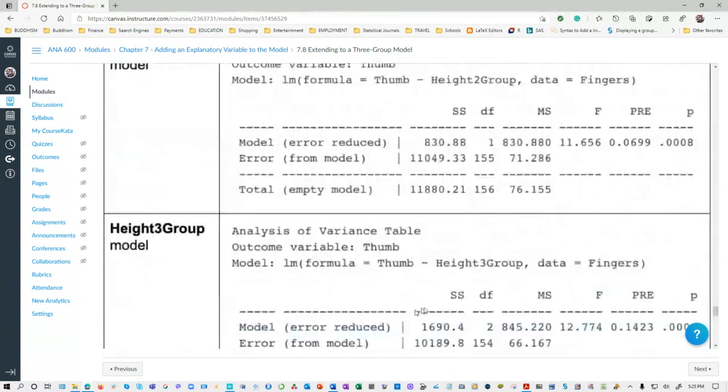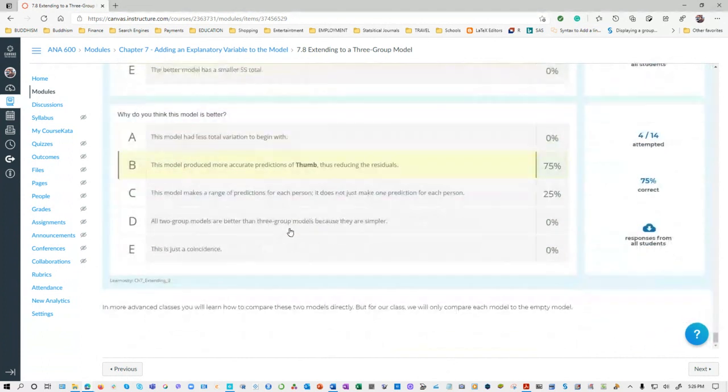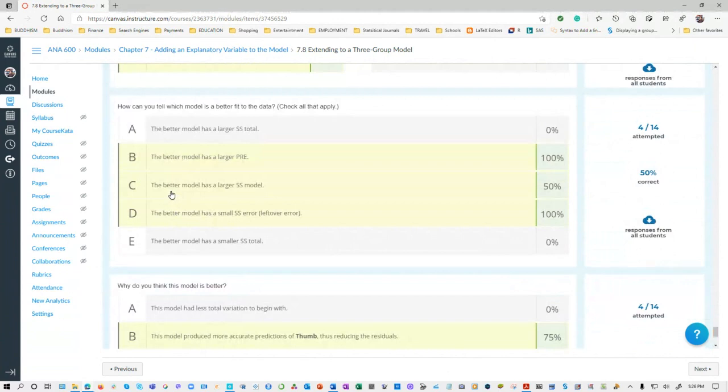See, SS model, sum of squares residual for the model. So you have error being reduced; this minus that would give you this residual. A larger residual is not being explained. Larger residual SSR is large, and this one is small.